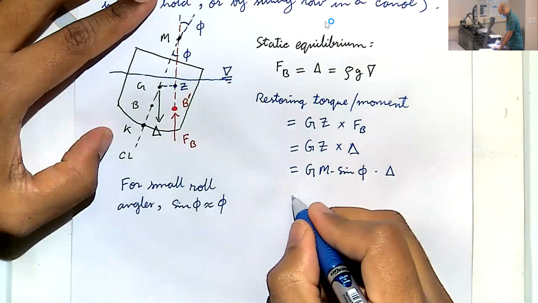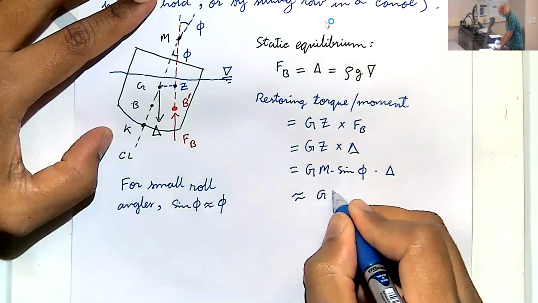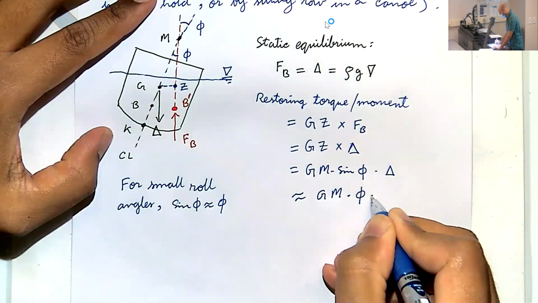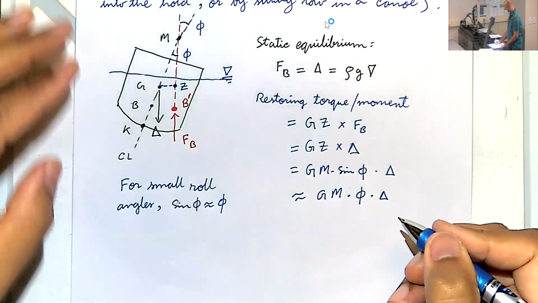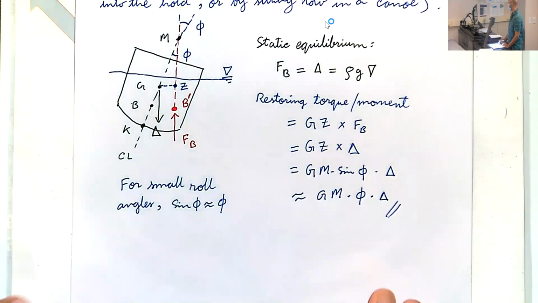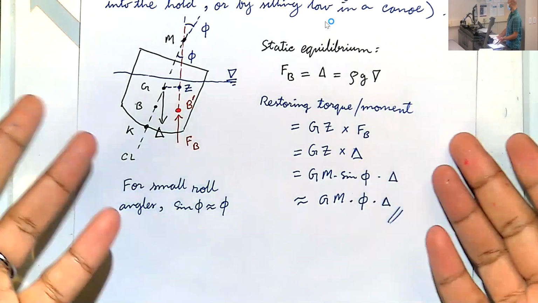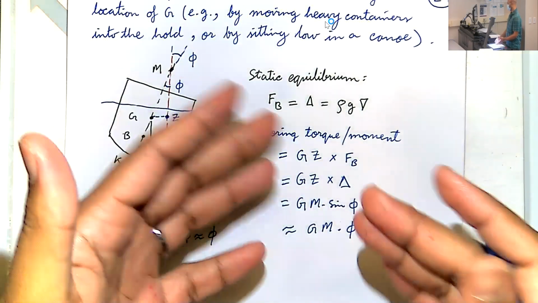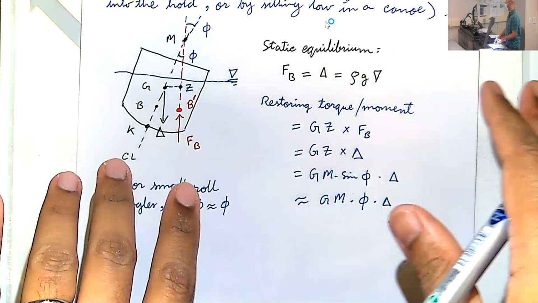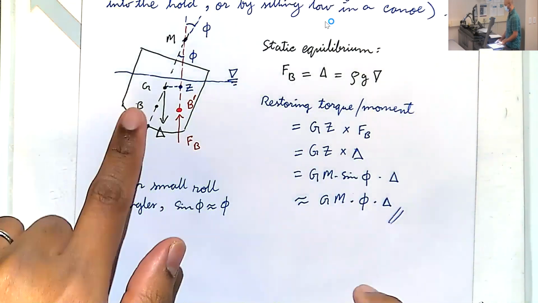So this is nearly equal to GM times phi in radians times delta. Is this okay? Make sense? If you understand this, basically all of stability is in here. We just keep building up using simple concepts on this basic stuff.